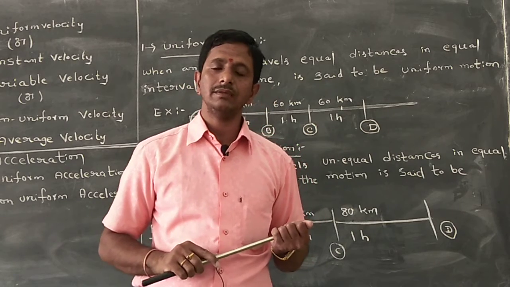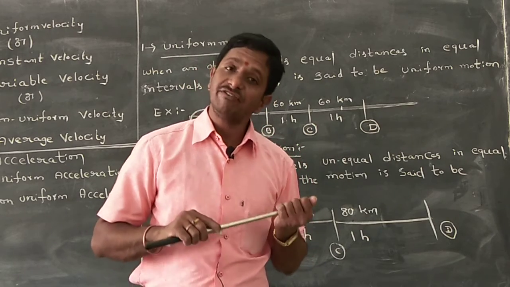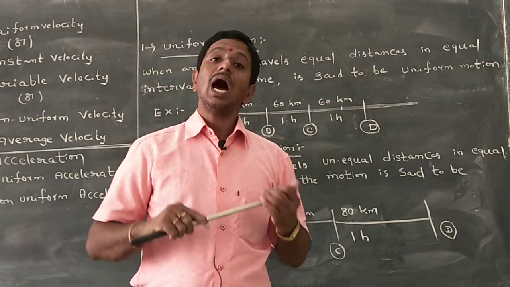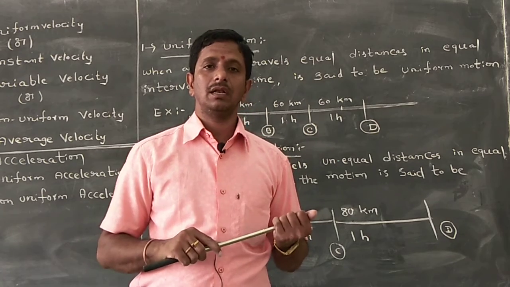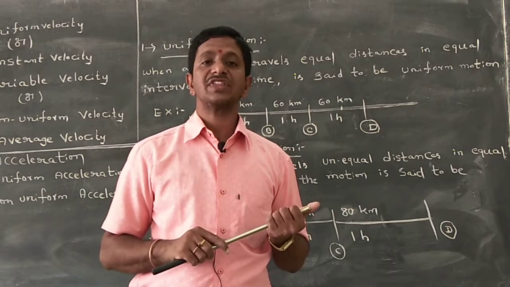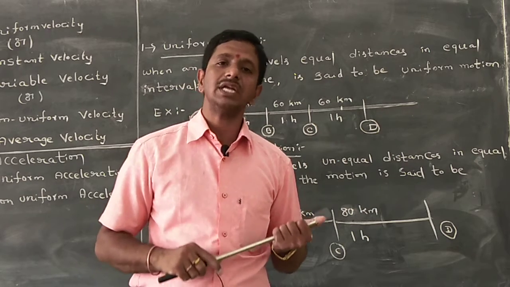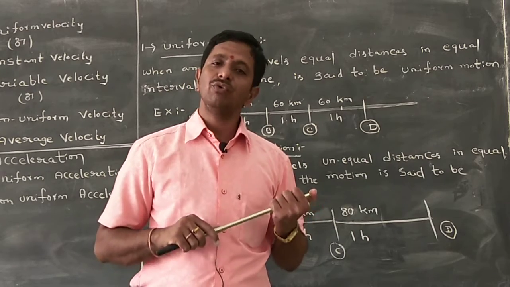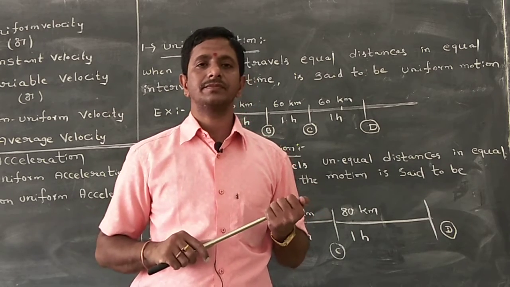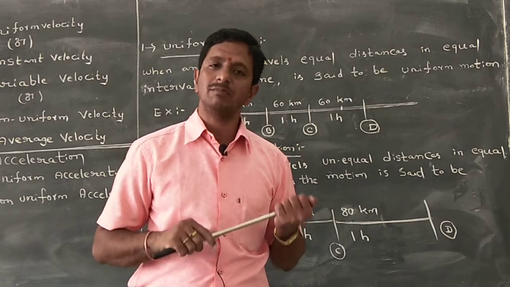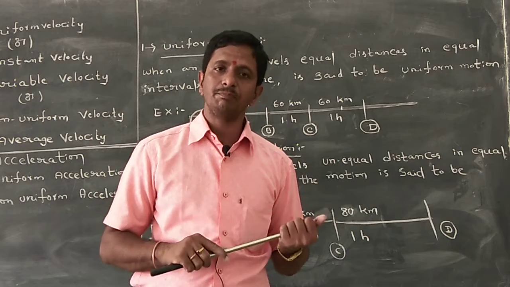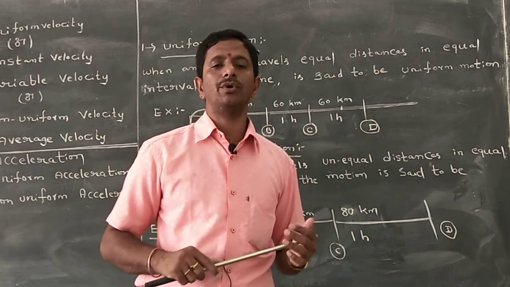When a body covers or travels unequal distances with equal intervals of time, such a speed we call non-uniform speed. I shall explain the same point on the board.